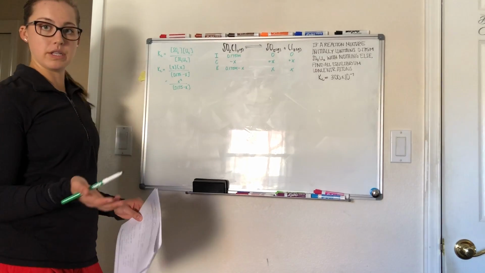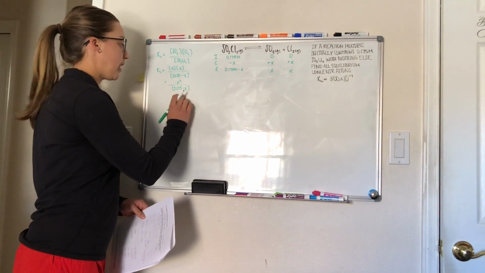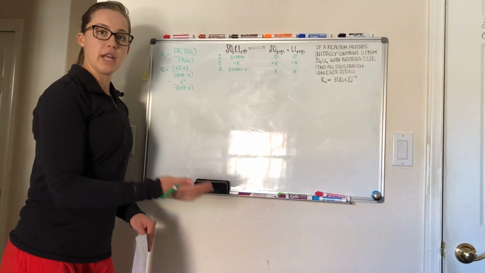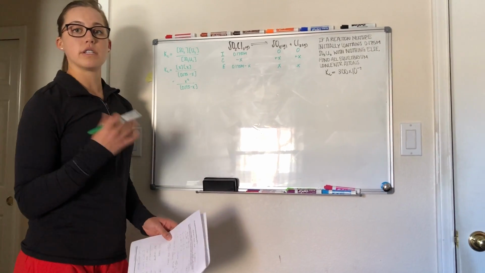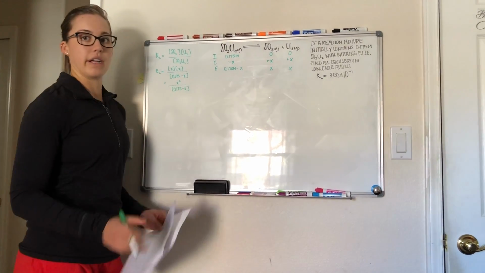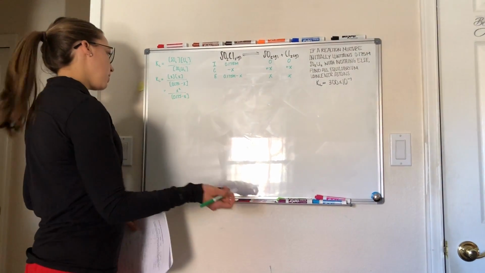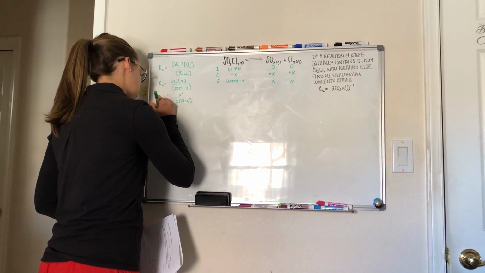So we can try to use our x equals small here, and by doing that, we're just going to say if we have any number minus x or plus x, we're going to ignore the x and pretend like it's not there because we're assuming that it's very, very small and it's not going to impact the molarity that we're given hardly at all. So using x equals small, I'll write that off to the side so we can keep track.